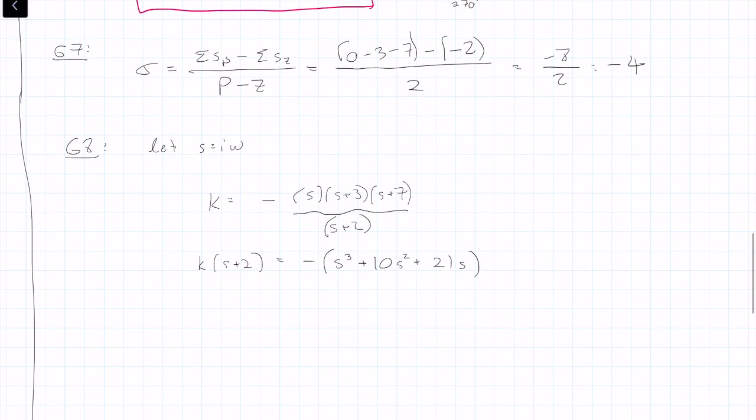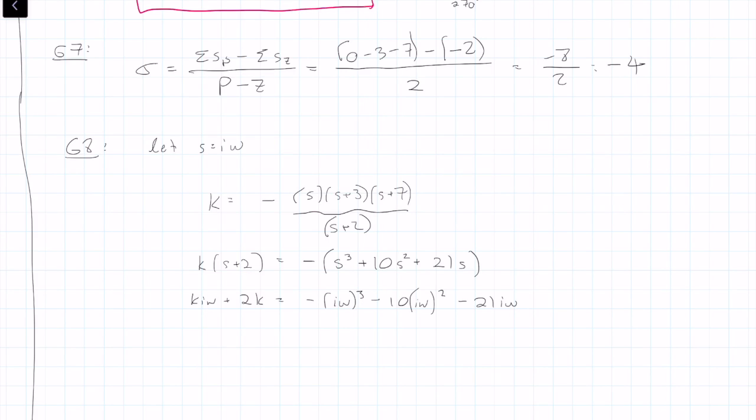Now what we're going to do is let S equals I omega, so we have K I omega plus 2K is equal to minus I omega cubed plus 10 I omega squared plus 21 I omega.